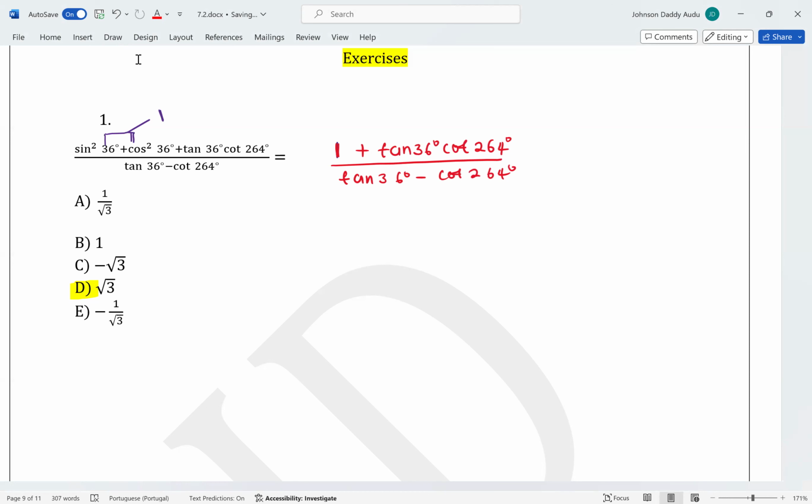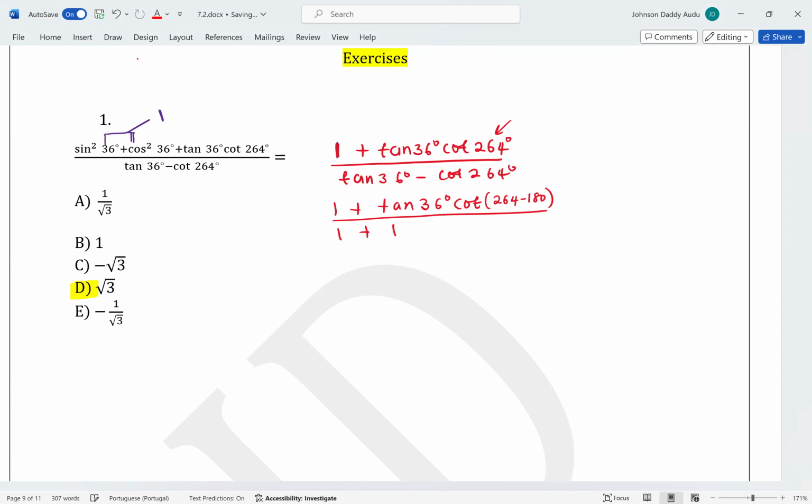Now this is an angle in the third quadrant, right? So we can use the reference angle. So this is tan 36. This will just be cotan of what? 264 minus 180.